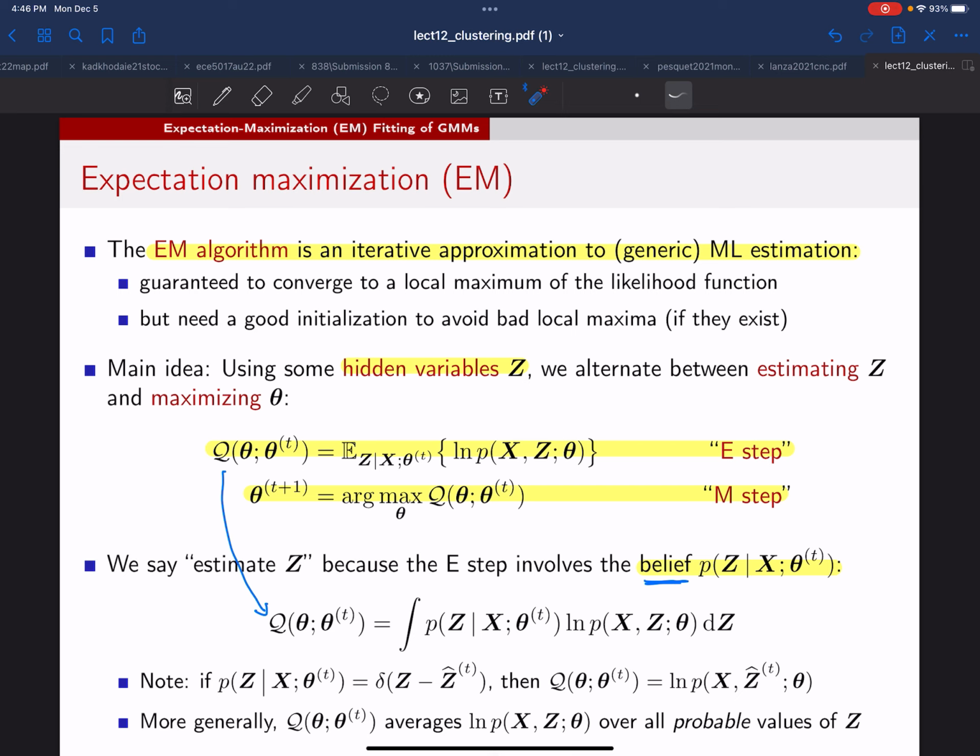It tells us, for every possible z, how probable that z is given the data we have observed and given our current estimate of theta. So let me just give you one example. This is sort of the simplest case. Let's say that you were absolutely confident that z is something called z hat at iteration t.